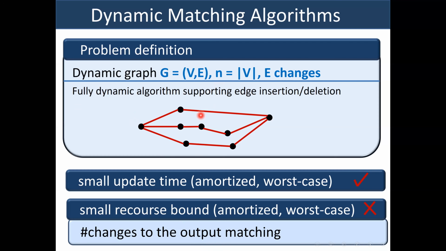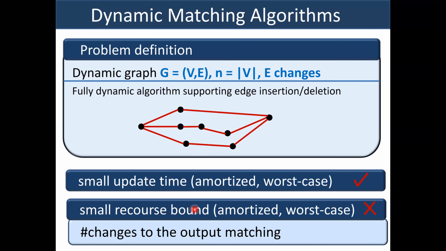And so, although the update time of an algorithm is low, sometimes we also need the recourse bound to be low because maybe this matching algorithm is embedded inside a bigger data structure or algorithm, and a high recourse bound will trigger significant blowups to the bigger data structure or algorithm.